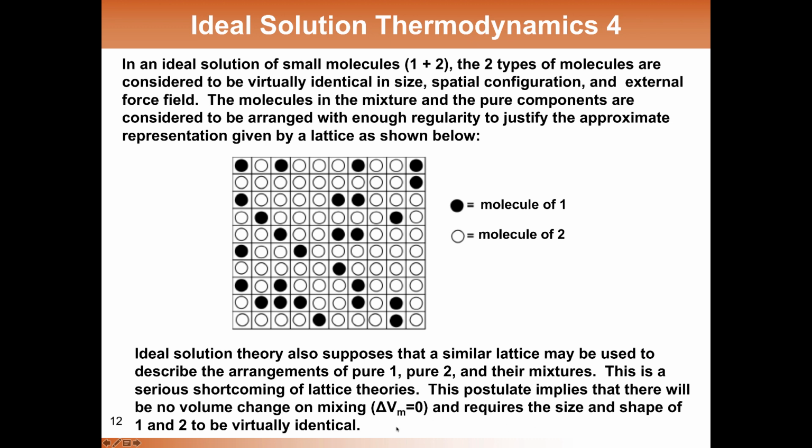And it requires the size and shape of the molecules of type 1 and 2 to be virtually identical. Now, more sophisticated models relax these assumptions, but we'll start with the simplest case because we can work that one out analytically, and it provides a really good background or contrast to use for the polymer case.